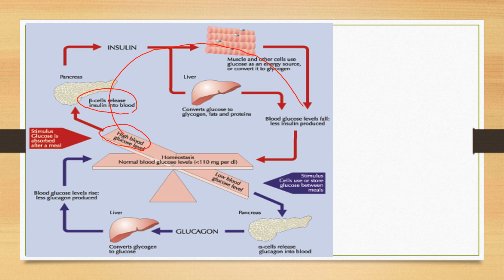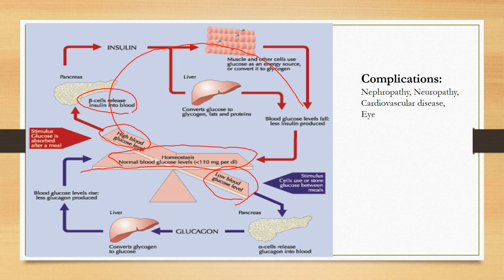The alpha cells release glucagon, which breaks the glycogen into glucose, gives you energy and keeps your blood glucose level stable. This is the mechanism when you eat food and when you don't eat.